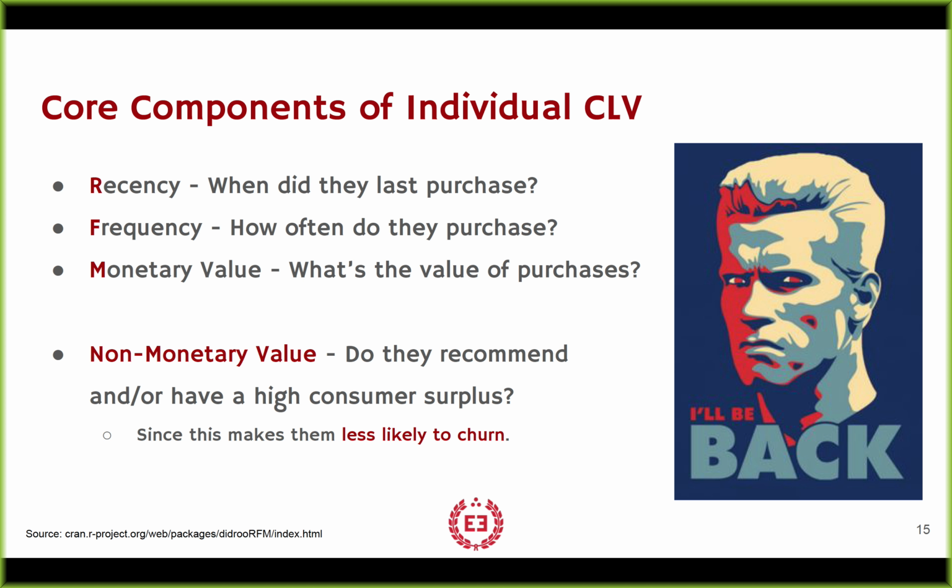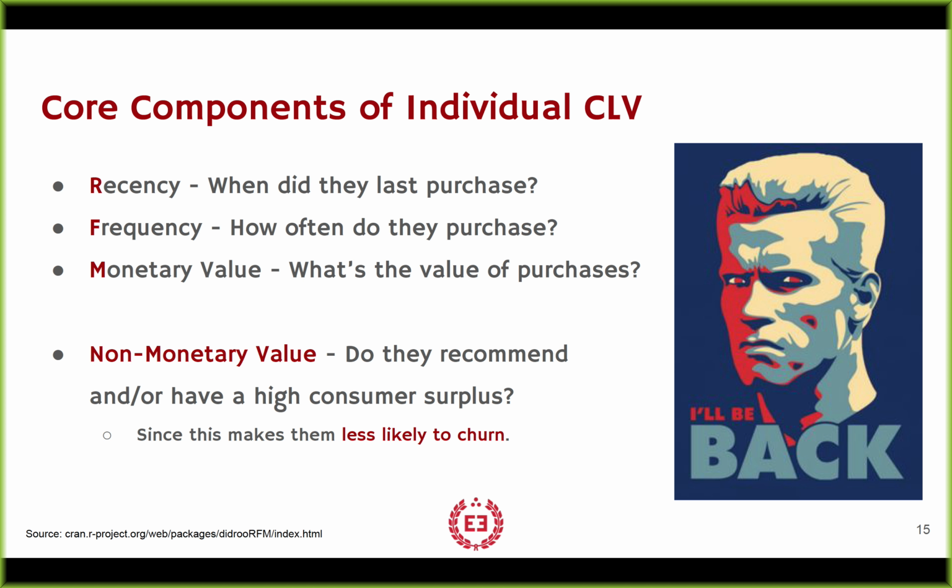If it's worth $10 to me and I'm paying $10 and it goes up to $11, I'm likely to churn if the value is only $10. If I value it at $35 and it goes from $10 to $11 to $12, I'm very unlikely to churn because I'm still deriving a lot of value above and beyond the price I'm paying.